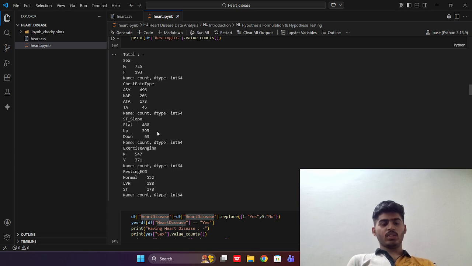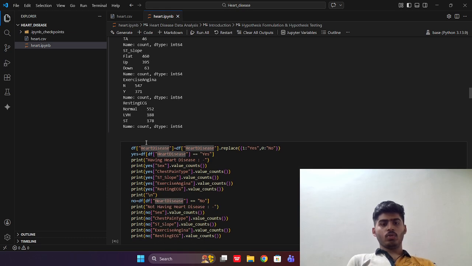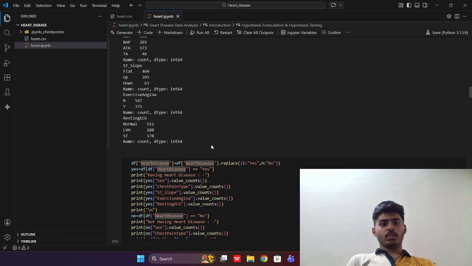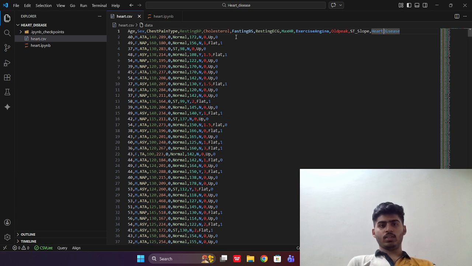Now this value count doesn't tell us whether these people were having a heart disease or not. So to differentiate it correctly, I have divided the data frame into two parts. The first part is the people having a heart disease, and the second part is people not having heart disease. As you can see in this dataset, in the heart disease column, if the column has 1 in it, it means the patient was having a heart disease, and if it has 0, it means the patient does not have a heart disease.